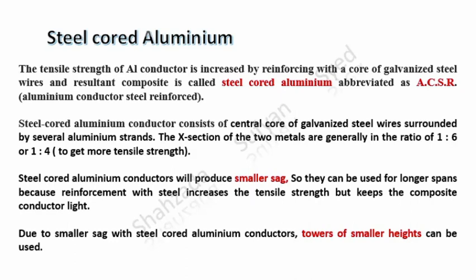And remember, reinforcement doesn't affect the weight of composite conductors. And due to smaller sag with the steel cored aluminium conductors, the tower height can also be reduced, which is overall cost effective.